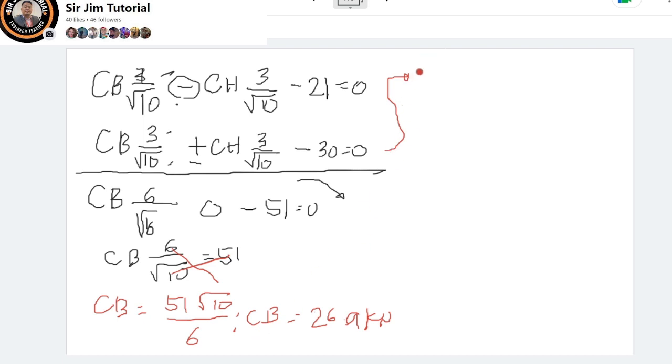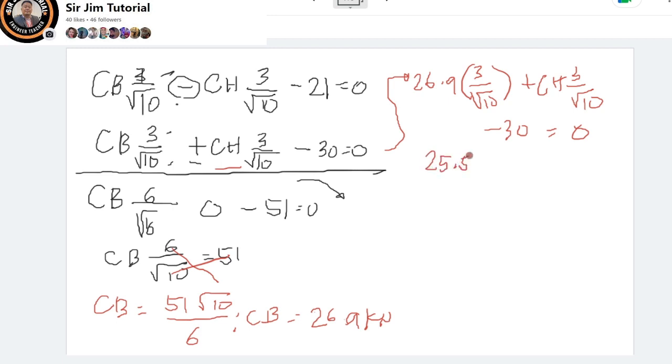CB is already 26.9, so 26.9 times 3 over square root of 10, and then plus CH times 3 over square root of 10, and then minus 30 equals 0. Using the calculator, 26.9 times 3 divided by square root of 10 will give you 25.51.